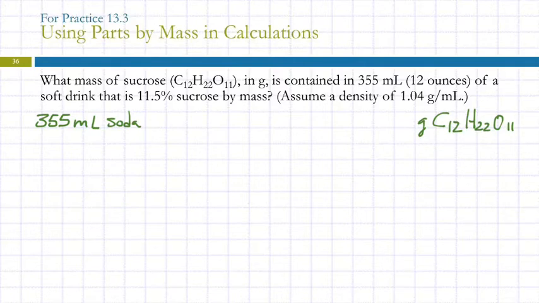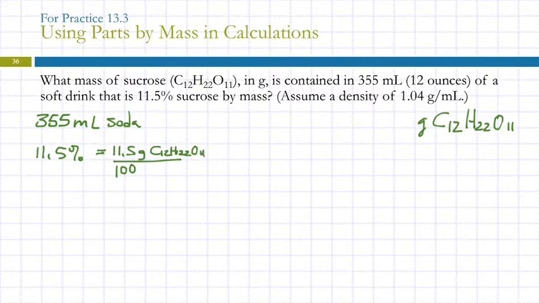And then it says 11.5% sucrose by mass. So percent is parts per 100. Right? So this is something per 100 somethings. It's percent sucrose, so this means 11.5 grams of sucrose per 100 grams of solution.